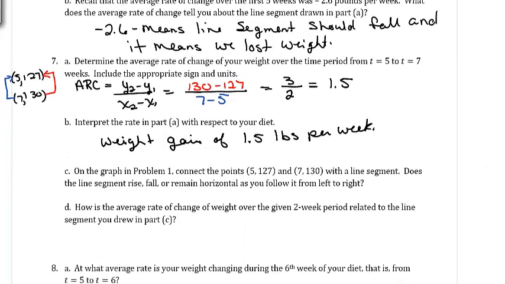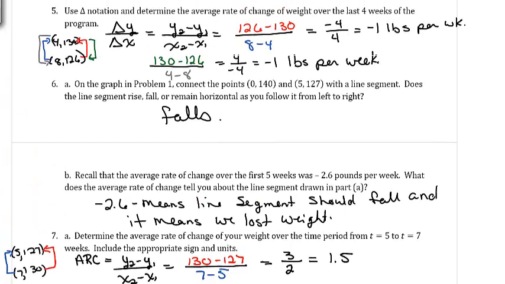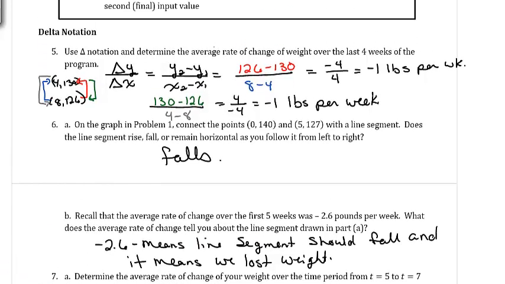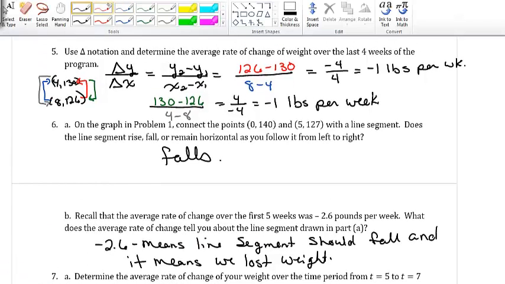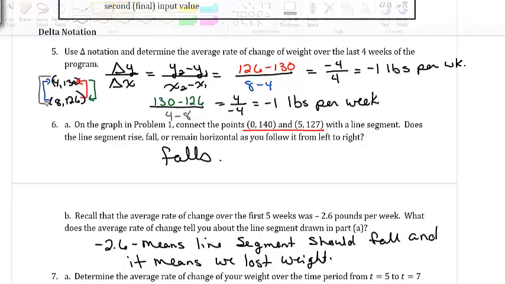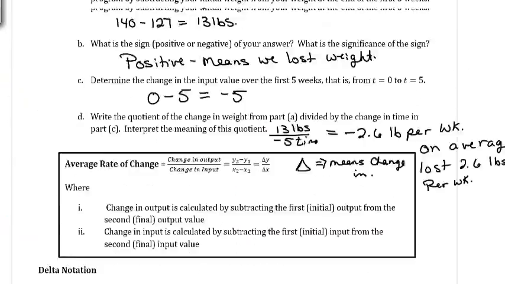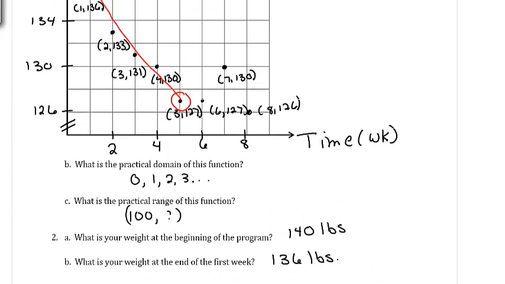On the graph in problem 1, we want to connect these 2 points now, and we'll do that in another color. We did this connection in red, so we'll do this other connection in blue. The one we're doing now is from 5 to 7.